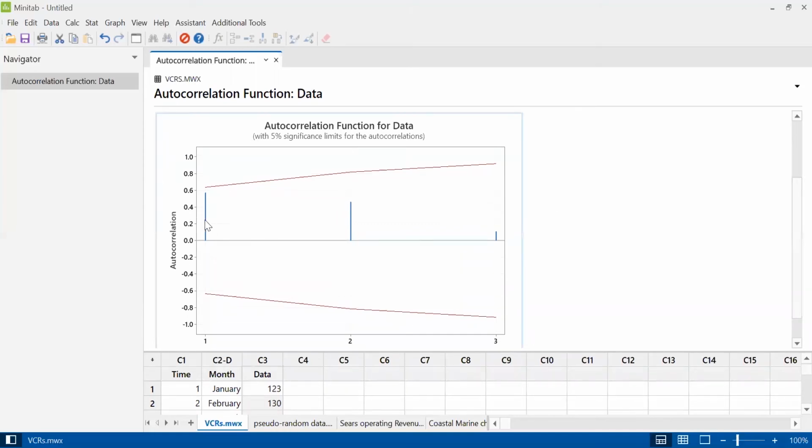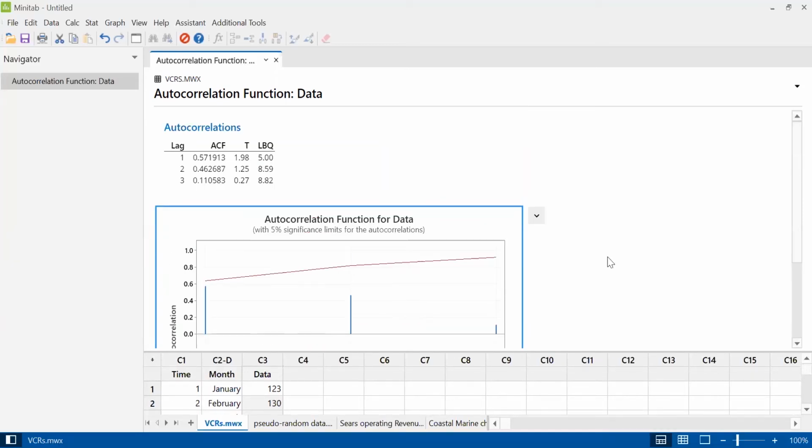You see these 3 autocorrelations are represented by the blue bars. Okay, and the blue bars are decreasing. For the first lag, the blue bar is around 0.6, and for lag 2, it's around 0.5, and for the third lag, it's around 0.1. All right, so that's the autocorrelation. What does it tell us?